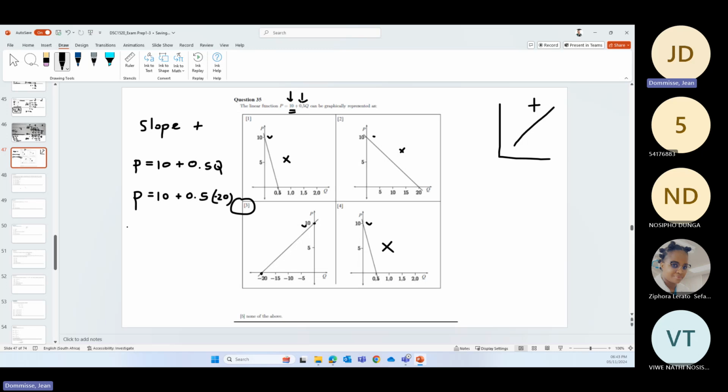So let's see, what will P be? So that's 10, 0.5 times minus 20 is minus 10. So P is equal to 0. And we know that that line P is equal to 0. So that is also correct. So we could see then that this line is connected to the graphical representation of option 3.